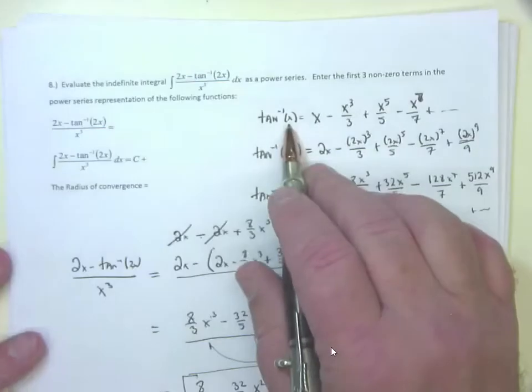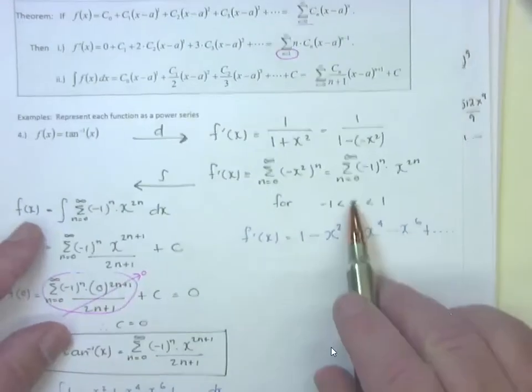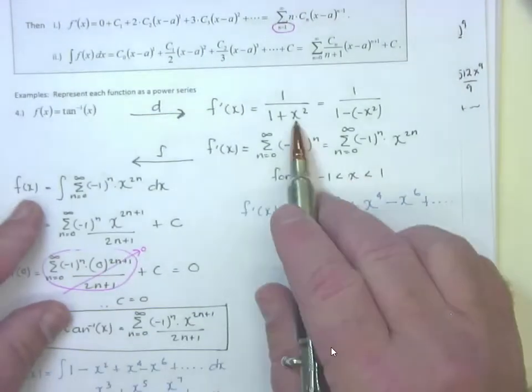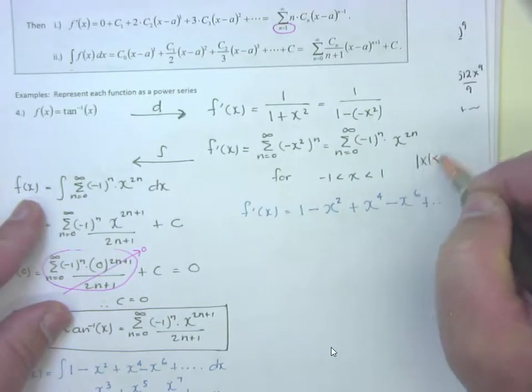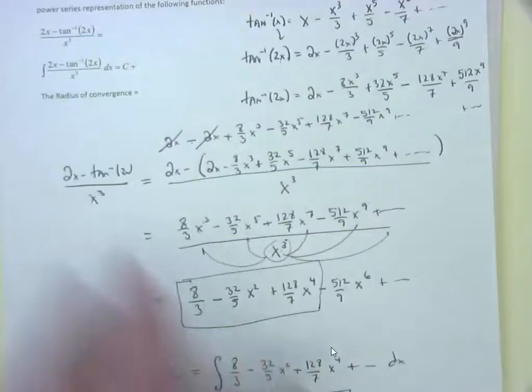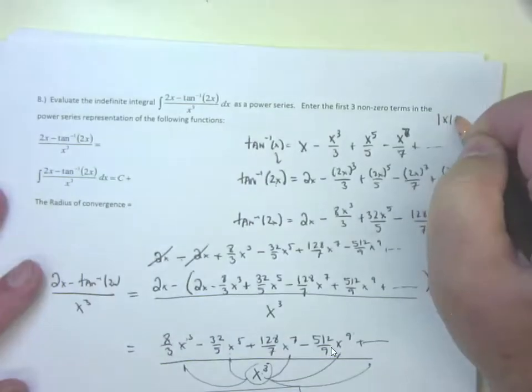Well, you have to go all the way back over here. You remember your arc tangent of x? Remember what that radius of convergence was? If you go back over on that radius of convergence, it was when the absolute value of x, because that's what you were having here, was less than 1. That was for the traditional tangent inverse of x. The radius of convergence was the absolute value of x is less than 1.